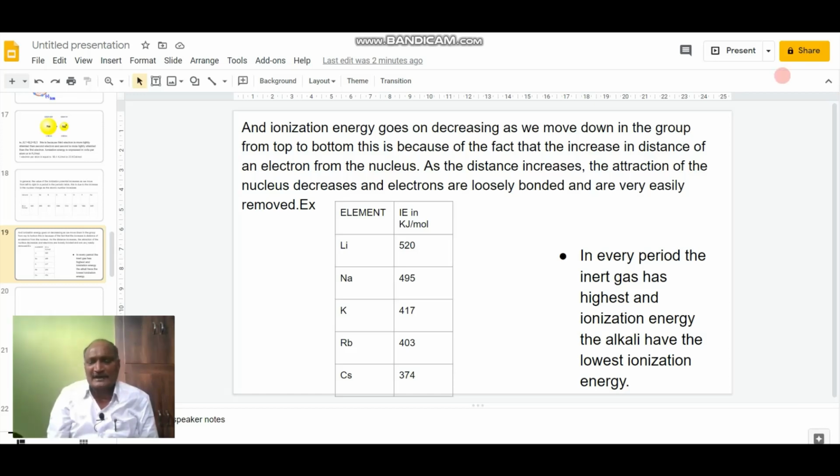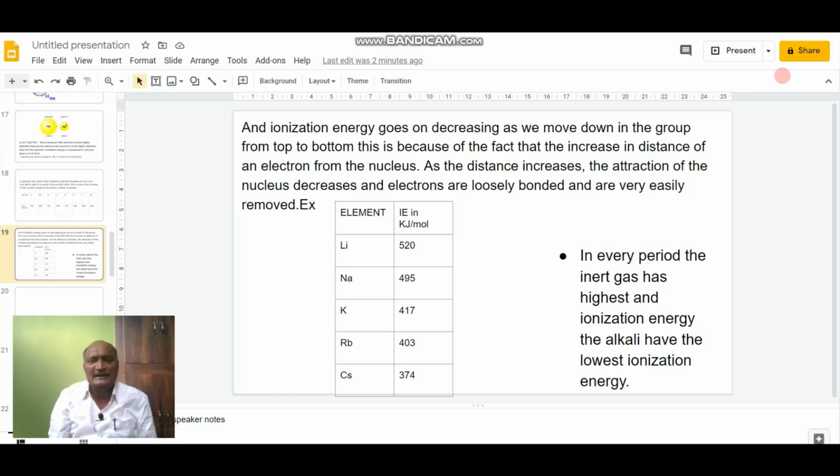For example, the following table indicates, as we move from top to bottom in a group, particularly the alkali metals and their respective ionization energy values. That is, lithium has an ionization energy of 520 kilojoules per mole. That of sodium is 495 kilojoules per mole. Potassium has 417 kJ per mole.